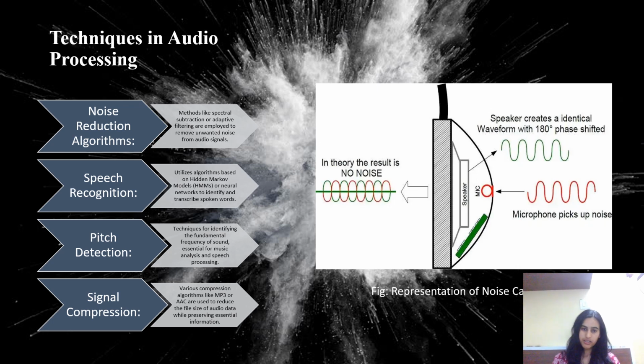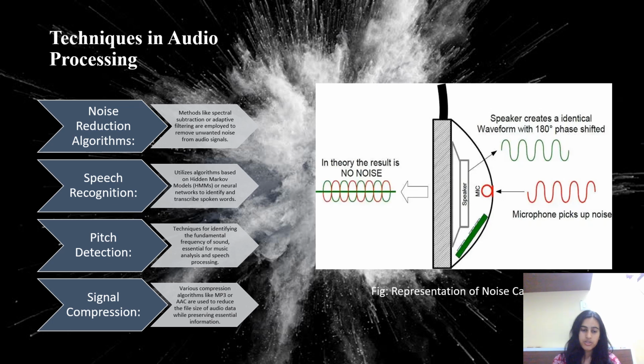Now coming to the techniques in audio processing. First one is noise reduction algorithms. Noise reduction is basically removing unwanted noise from our audio signals. Next is speech recognition. Speech recognition is basically conversion of audio signals into text or some commands that a computer can understand or transform.